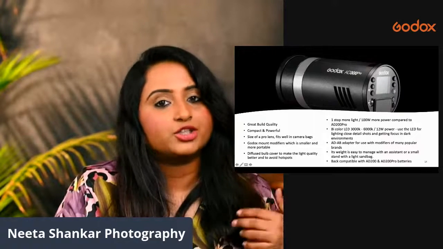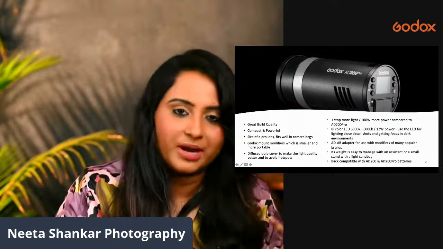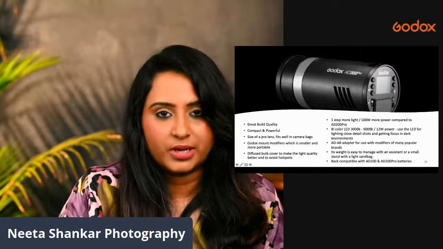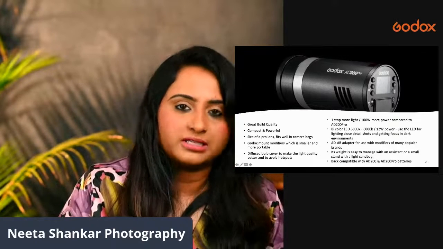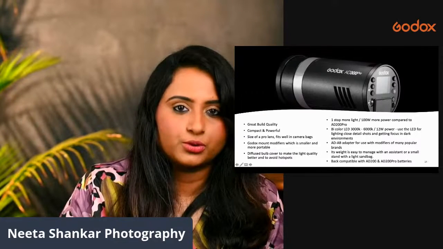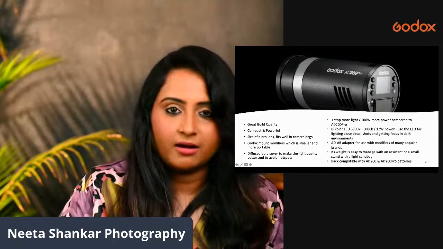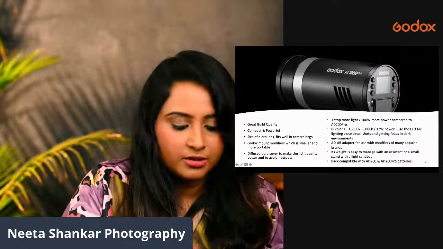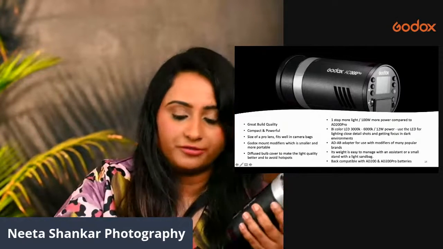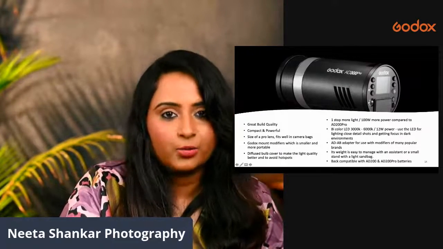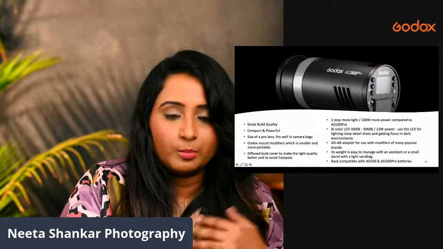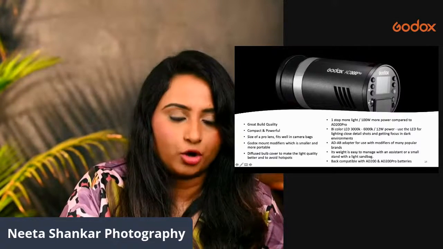You can buy the specific ring for those different brand modifiers, and you can use those as well in case you have some old modifiers left in your studio, or if you have friends who have some old modifiers, you can always use those along with Godox lights, especially the AD300 Pro. So that adapter is called ADAB. You should definitely look into that, because that again will help you get many more options of light modifiers in your kit.